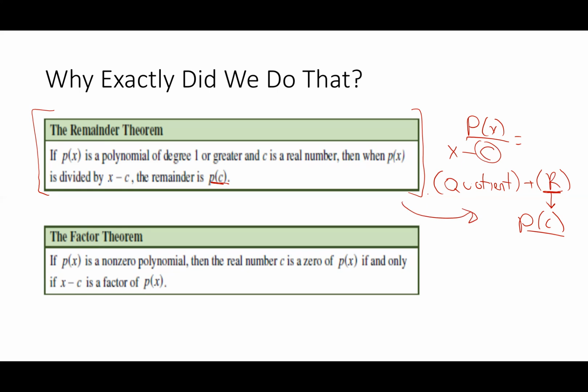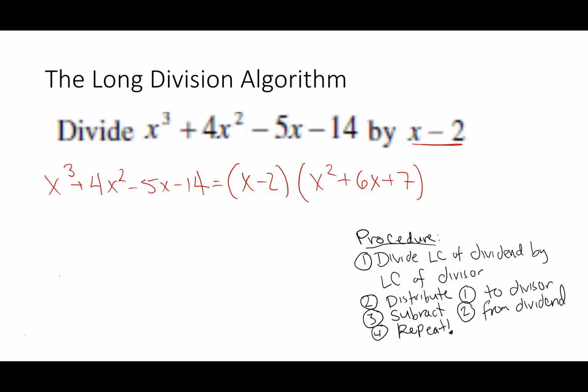And I'll drive this home a little bit. And then the factor theorem is what we already talked about here. If I've got some polynomial and c is a root of the polynomial, so x equals c is a root, then x minus c is a factor of p of x, which is what we talked about here.